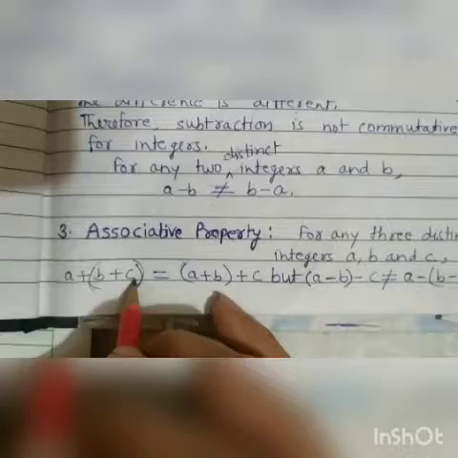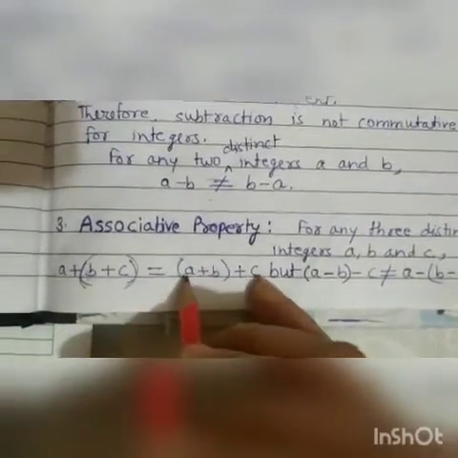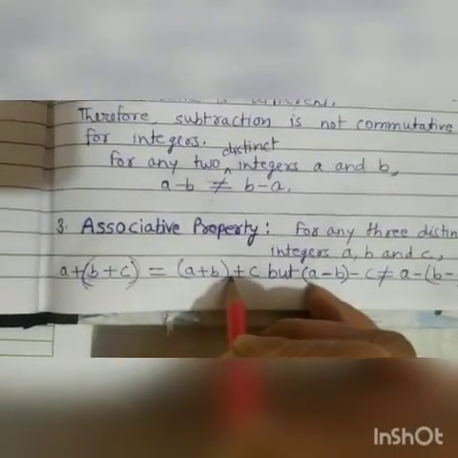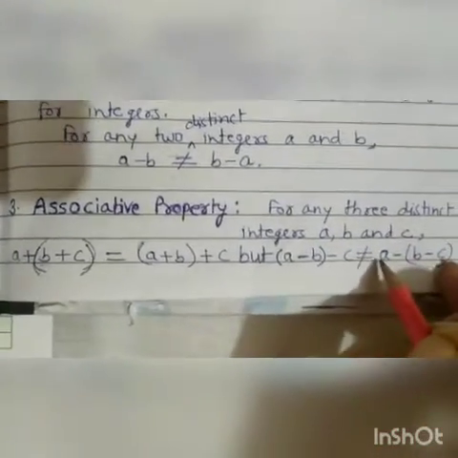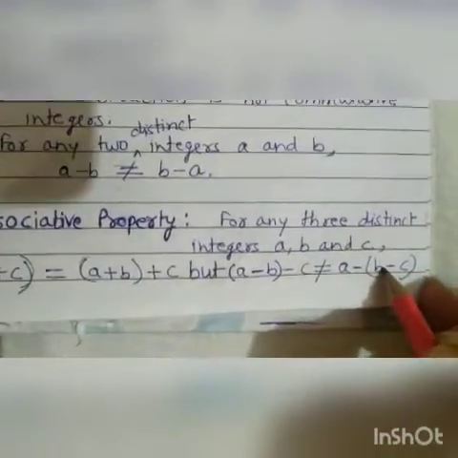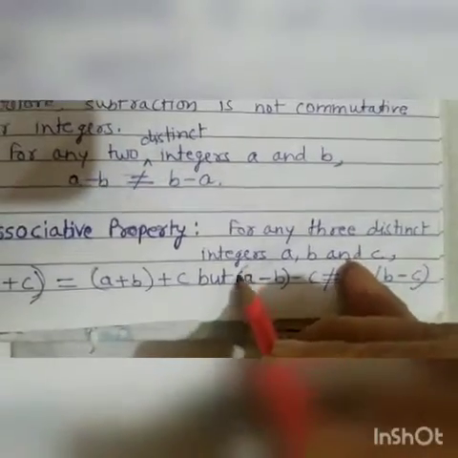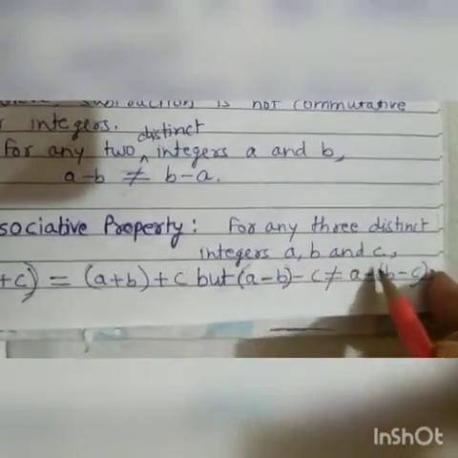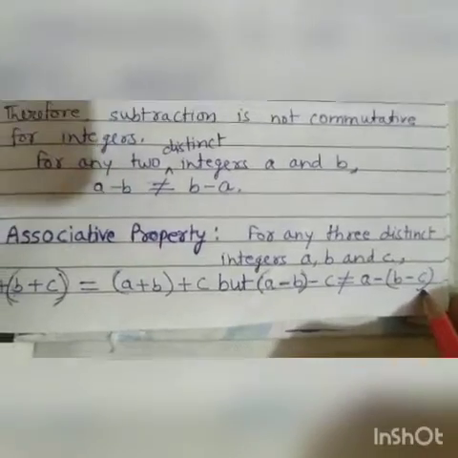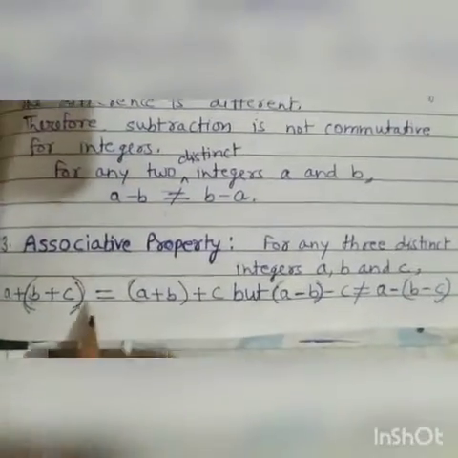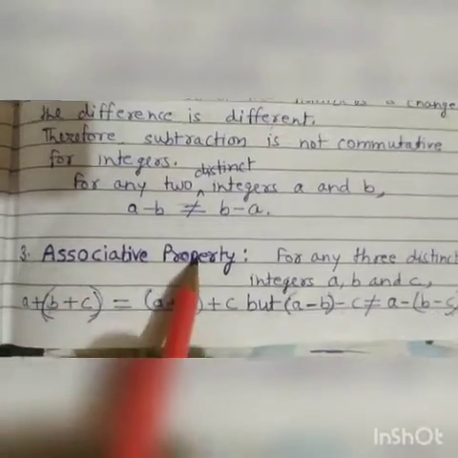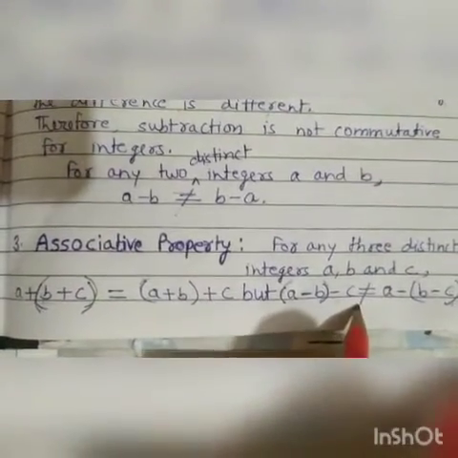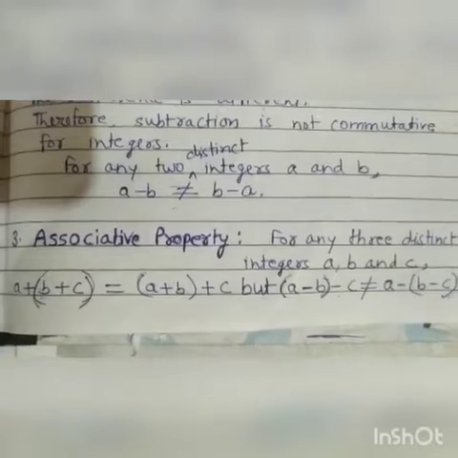Here the last two integers are within the bracket, here the first two integers are within the bracket. But a minus (b minus c) is not equal to (a minus b) minus c. Here b minus c is within the bracket, here a minus b is within the bracket. So let us check the associative property for addition and subtraction. Again, see what happens.